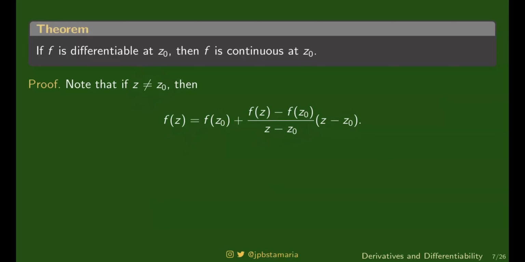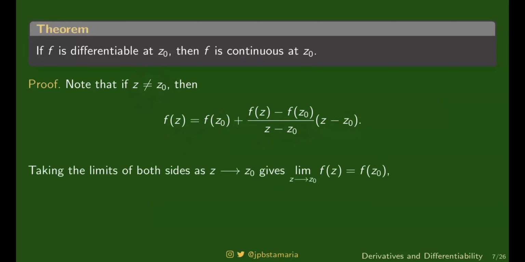So, if I now take the limit of both sides as z approaches z naught, ito constant to, magiging f of z naught. Ito, magiging f prime of z naught kasi nga differentiable eh. Diba? Kasi ito magiging mag-approach sa 0. So itong product na to mag-approach lang sa 0. Ang may iwanan, f of z naught.